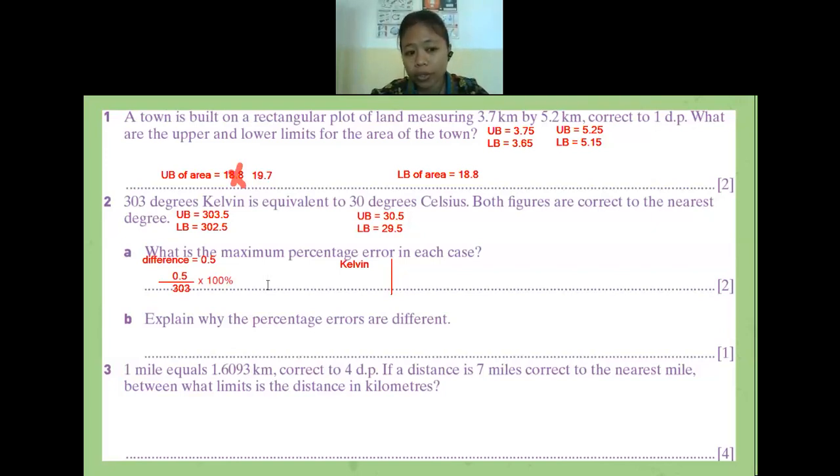Percentage of error is how many percent the difference is between the number and its upper bound or its lower bound. How many percent is the difference between the number given and its upper bound, or how many percent is the difference between the number given and its lower bound.